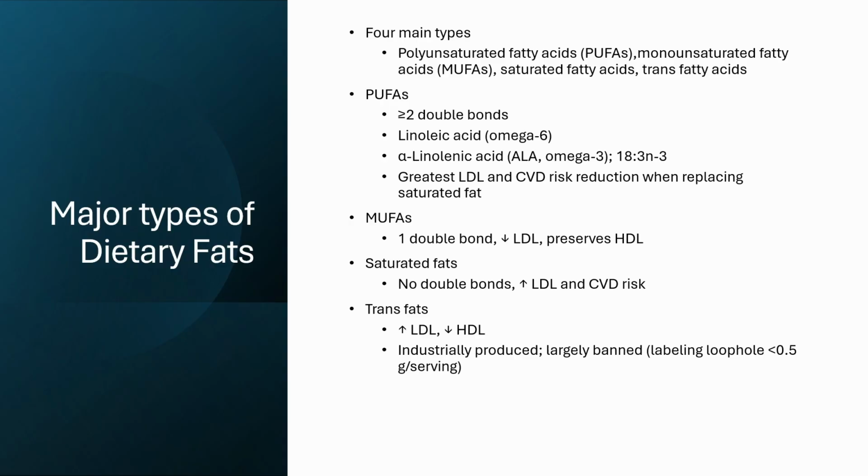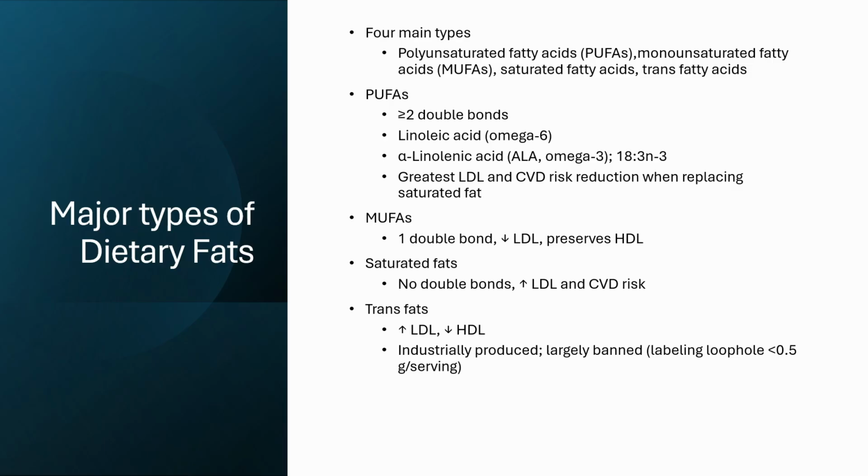The 4 main types of dietary fats consist of polyunsaturated fatty acids, PUFAs, monounsaturated fatty acids, MUFAs, saturated fats, and trans fats. PUFAs provide the strongest cardioprotection and contain 2 or more double bonds. Examples include linoleic acid, which is an omega-6, and alpha-linolenic acid, which is an omega-3.